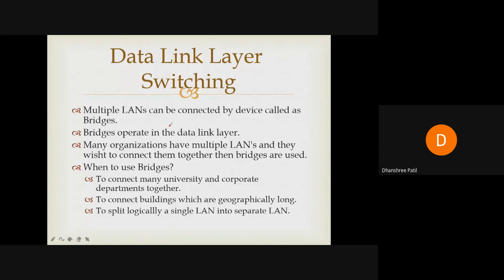Most organizations have multiple LANs, and if they want to connect them with each other, they are connected using bridges. Bridges operate in the data link layer.